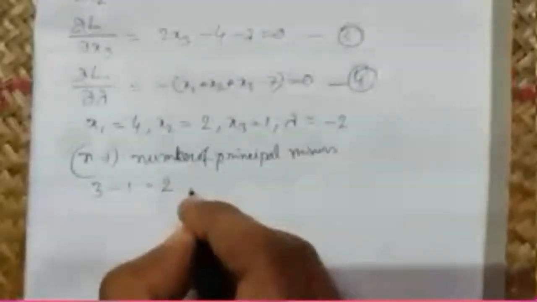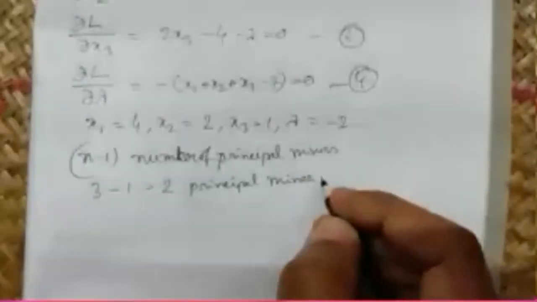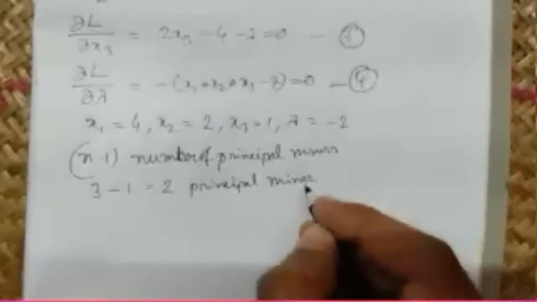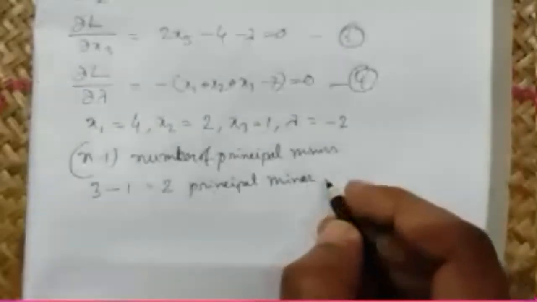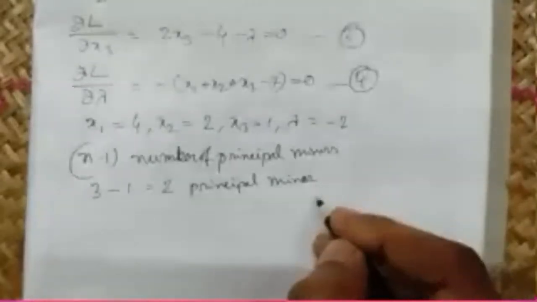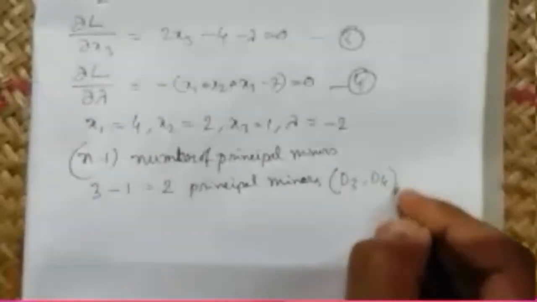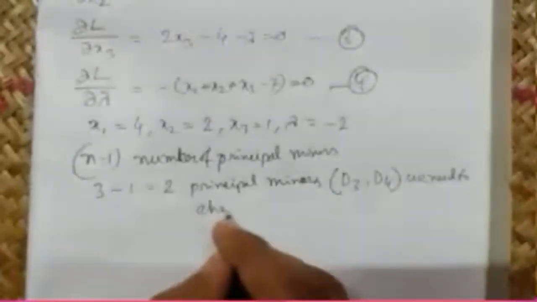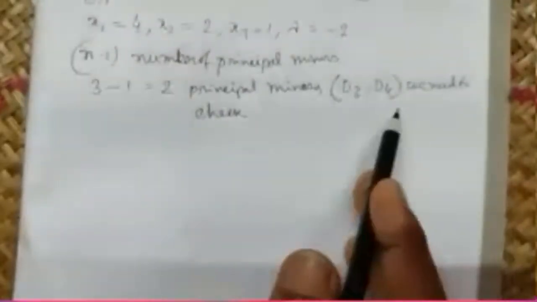So 2 principal minor determinants we have to check, starting with 3. That means D3 and D4 we need to check. Okay, 2 principal minors need to be checked.